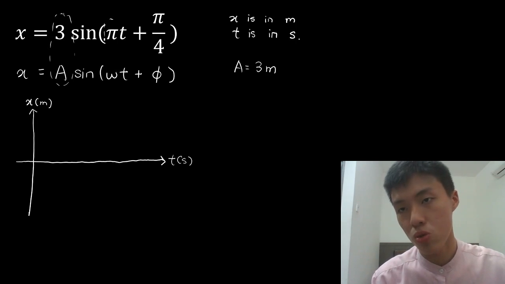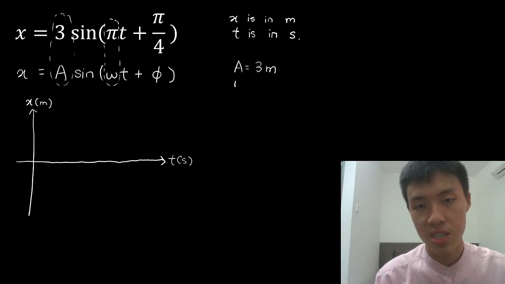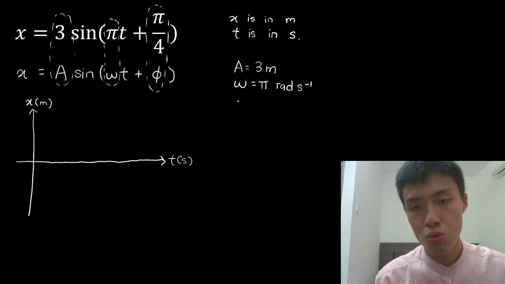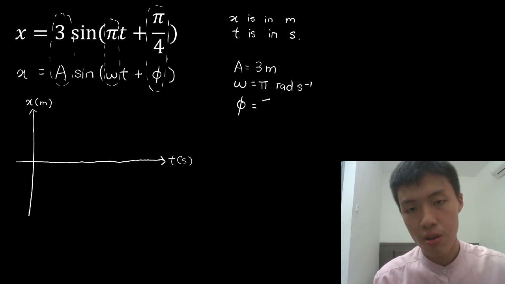Then we can also see that omega, which is the angular frequency, equals pi radian per second. Last thing we have here is phi, which equals pi over 4 radian.